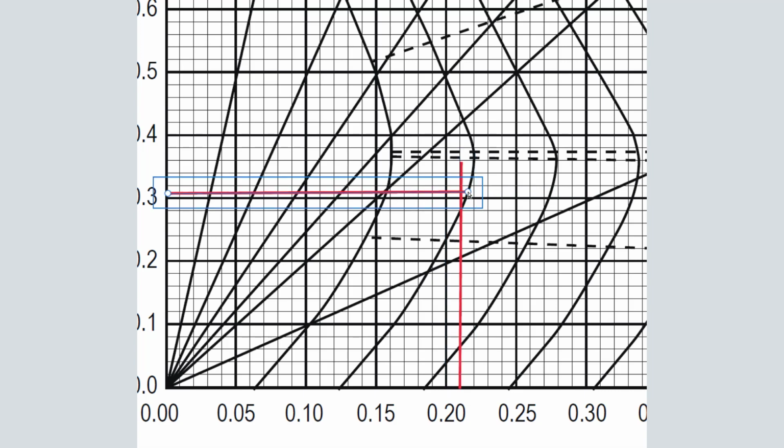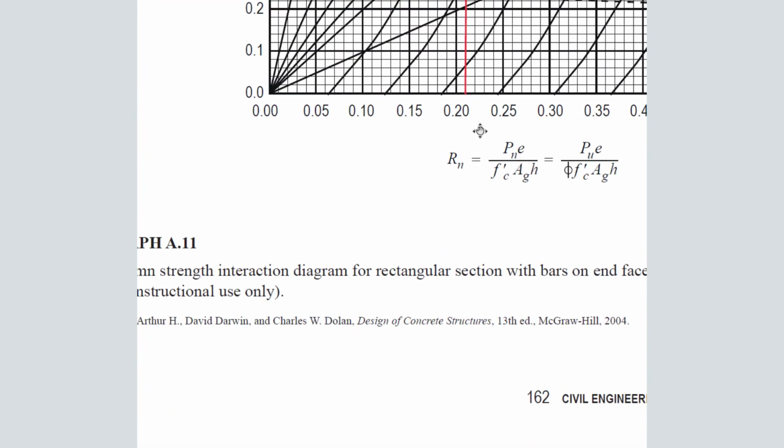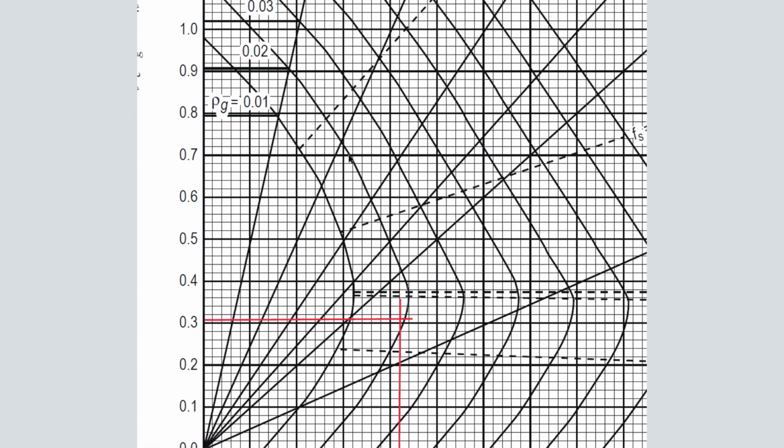These both intersect at this point, and this point is closer to this line, the 0.02 rho line. The 0.01 line is here, but the point is much closer to the 0.02.